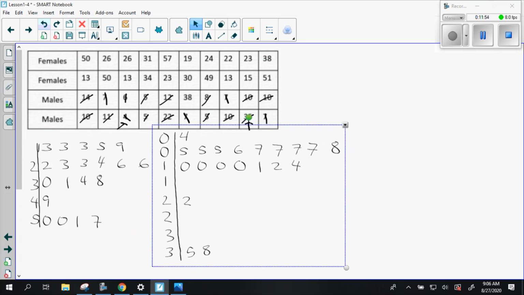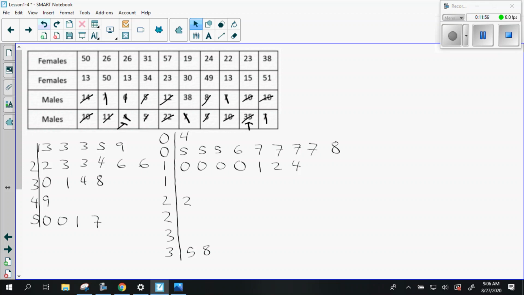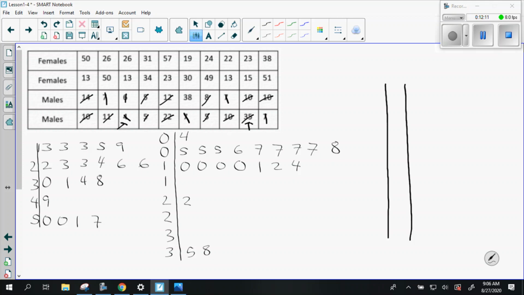Okay, let's go ahead and make these split stem plots over here. So over here, I think we'll put the female data here and the male data over here. And I think I'll scoot this over just for now.